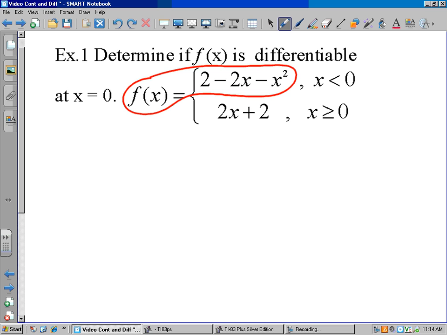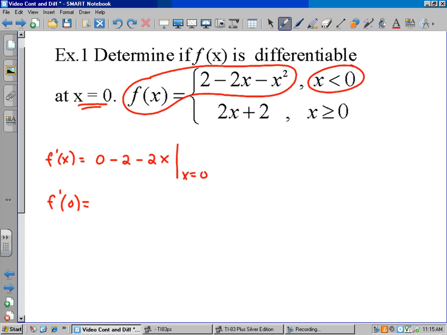If we take the derivative of this left side equation, the derivative would be 0 minus 2 minus 2x, and we need to evaluate that derivative at x equals 0, because we're approaching x equals 0. So we get -2. The slope coming in from the left is -2.